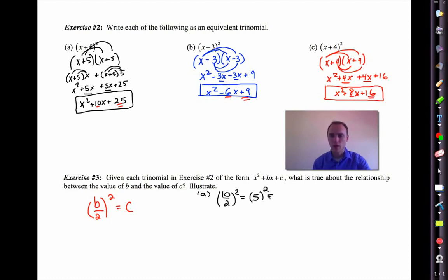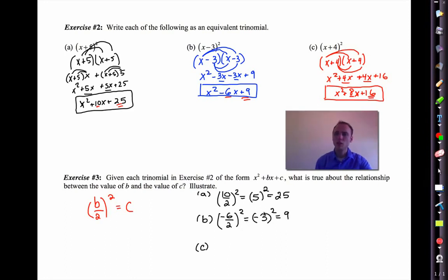And then 5 squared is 5 times 5, or 25. All right. Same thing here. Let's check this one out. This one's a negative 6, though, because remember it was plus b. So this is negative 6. Negative 6 divided by 2 is negative 3. Squared gives me 9.